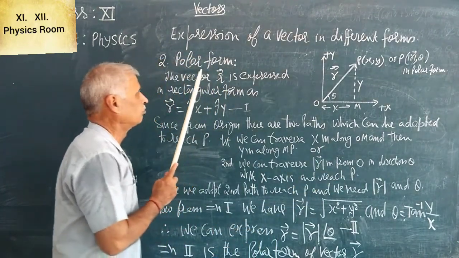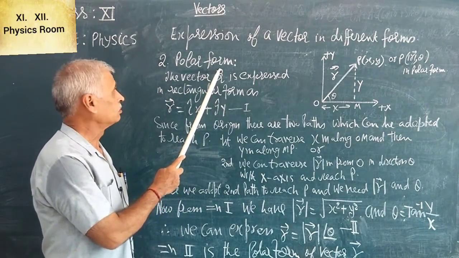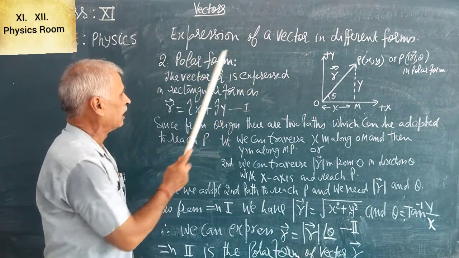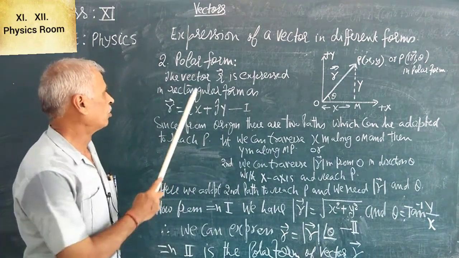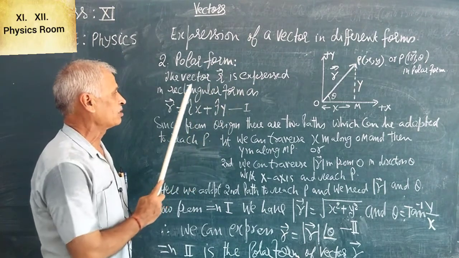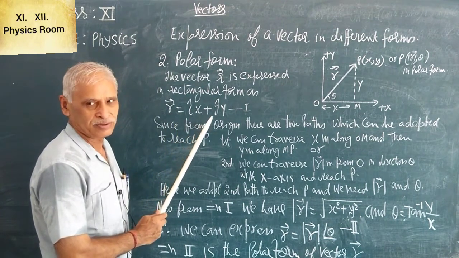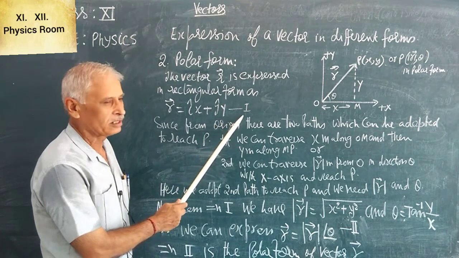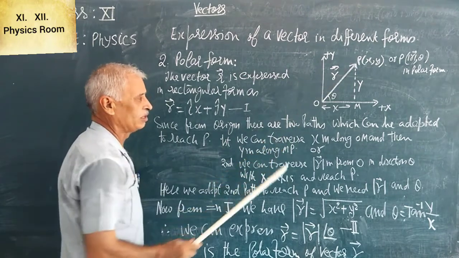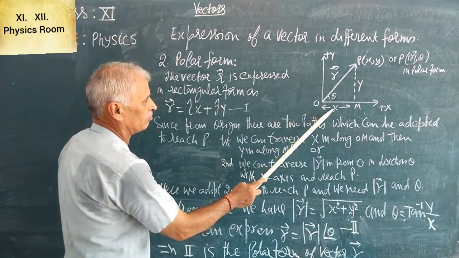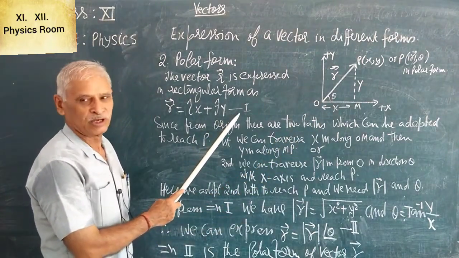Since we know the vector r is expressed in rectangular form as vector r is equal to i cap x plus j cap y, let us mark it as equation 1.